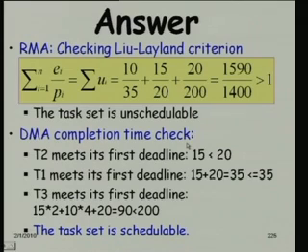But let us do the completion time check for the deadline monotonic algorithm. See here, implicitly, even for applying RMA, we have taken that the 10 must be completed within 35, 15 must be completed by 20 and so on.